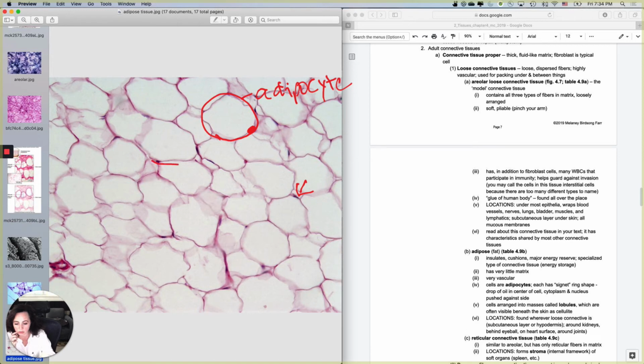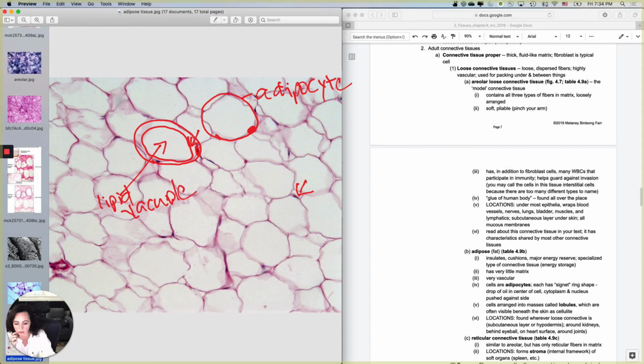So let's look at this one for a second. Okay. So this cell has a nucleus over on the side, and imagine that whatever little cytoplasm it has is pushed out here. And then really what you're seeing is just a great big lipid vacuole.